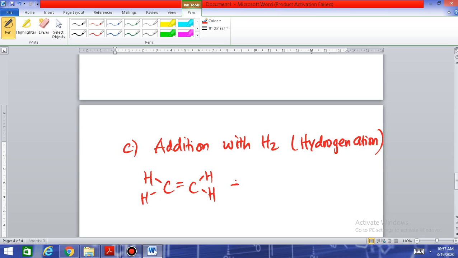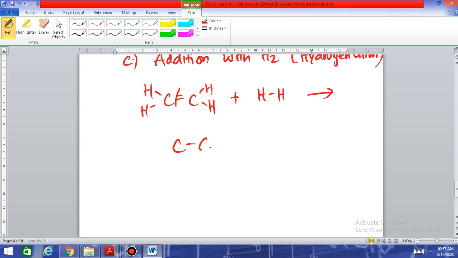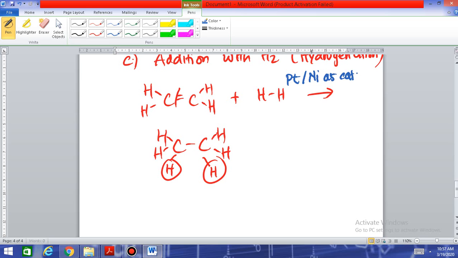It's reacted with hydrogen. Okay, as usual, the double bond is broken down into a single bond, and two hydrogen atoms are added to carbon atoms. We need conditions, platinum or nickel as catalyst, and temperature of 150 Celsius degrees.